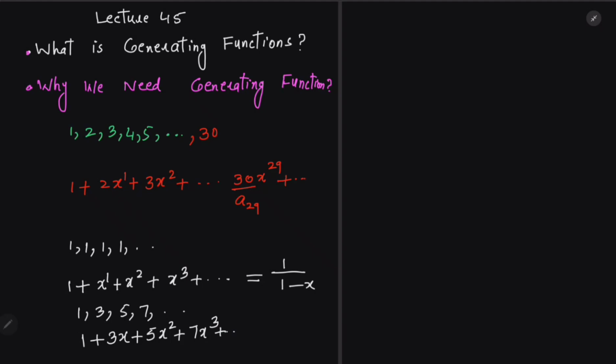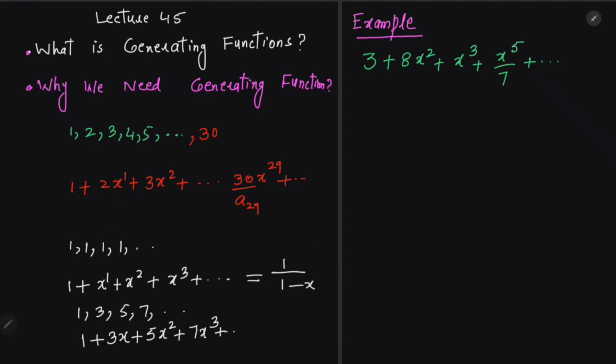Now the question is, if we are given a generating series, how can we identify the sequence? Suppose we write a generating series, and the generating series is 3 plus 8x^2 plus x^3 plus x^5 divided by 7, and so on.